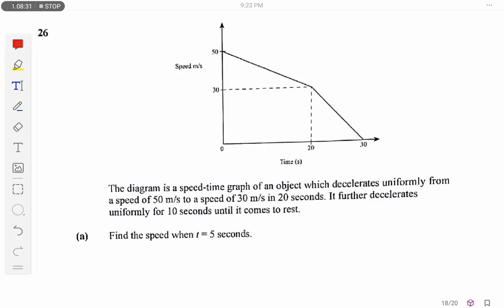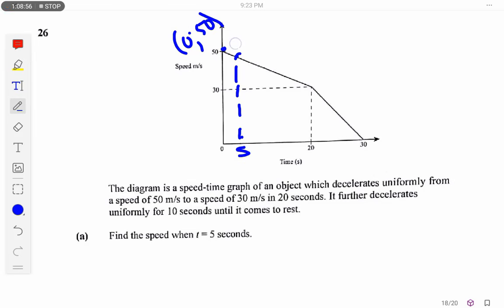So t equals 5 is somewhere here. If I draw there, I'm just doing interpolation then going up. So we are basically here. At the first point I've got 0 and 50.